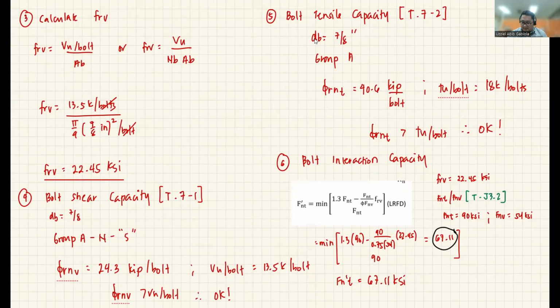So, para makalkula yun, we have Rn is equals to F'nt Ab. So, yung capacity is 67.11 ksi, so kip per inches squared. And then, area ng bolt. So, ang area ng bolt natin is again pi over 4 times 7/8 inch squared.